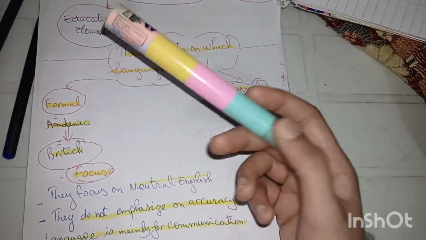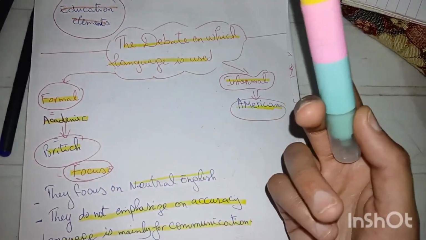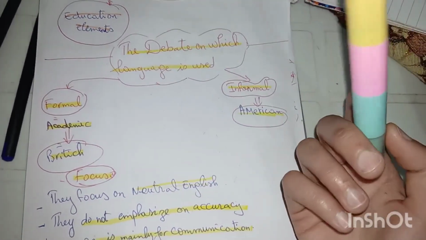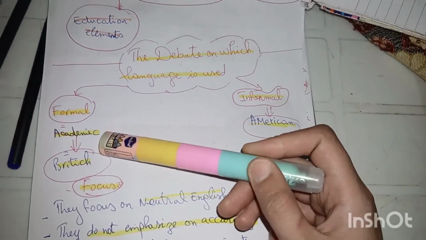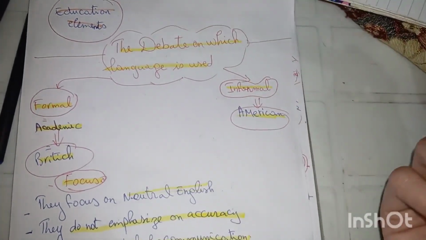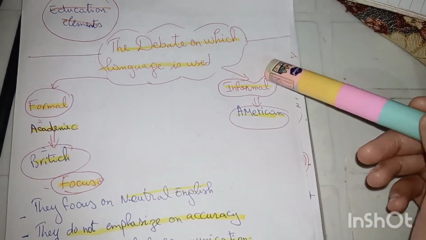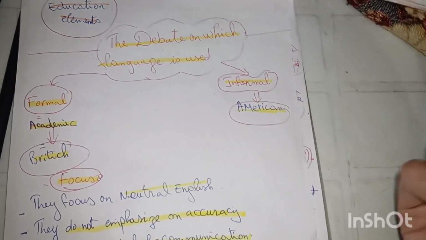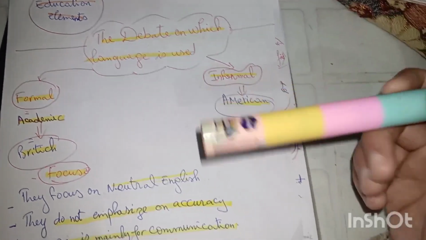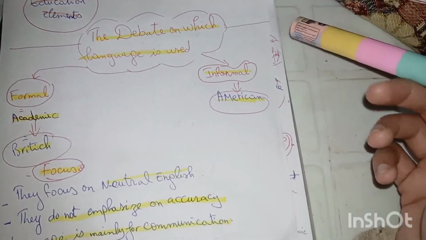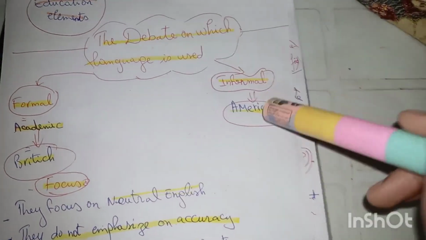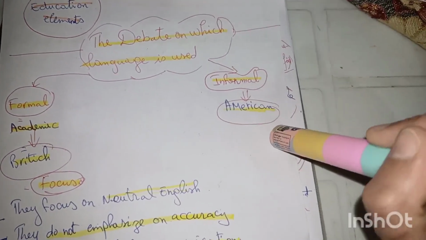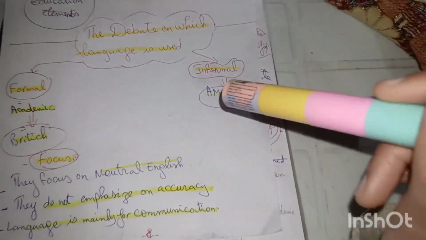When we talk in a formal, academic way, or in a governmental document, we have to write in British English. But in informal English, we can talk in American mainly, and certain other accents, according to the context that you are talking English in or teaching English in.